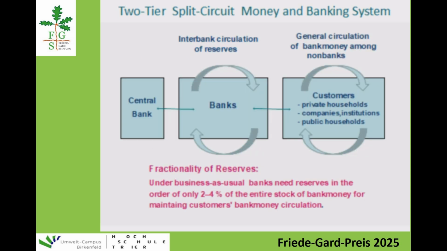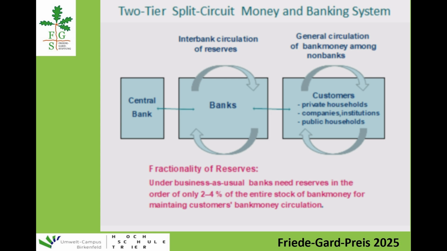So this two-tier system is also referred to as fractional reserve banking, and fractional because for carrying out the bank money payments of customers, banks need to have available central bank money, but only to a very small fraction of the amounts to be transferred.